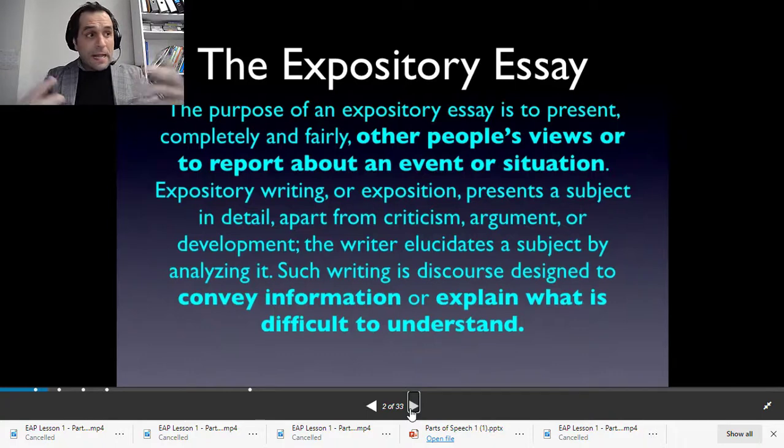Then you can see multiple sides, different opinions, and then you present all those different opinions in your essay. That's one of the main things you have to do at the beginning of the essay. You need to understand all that very well.